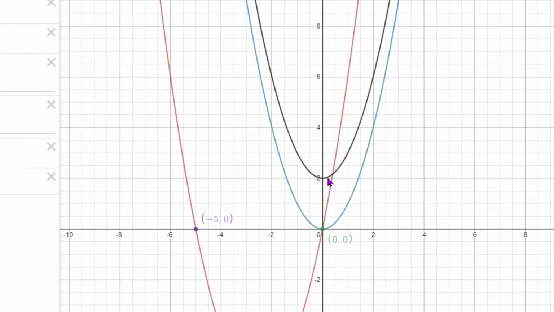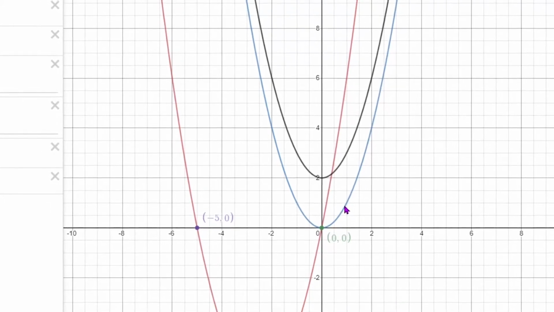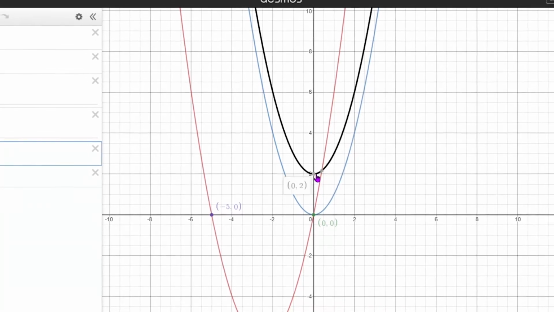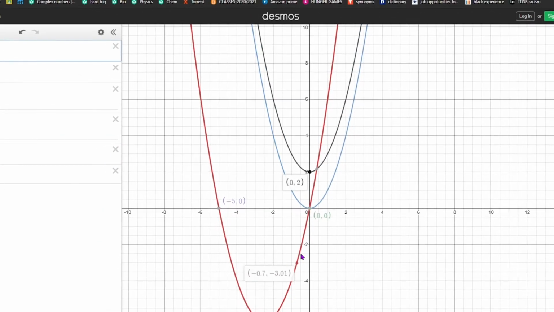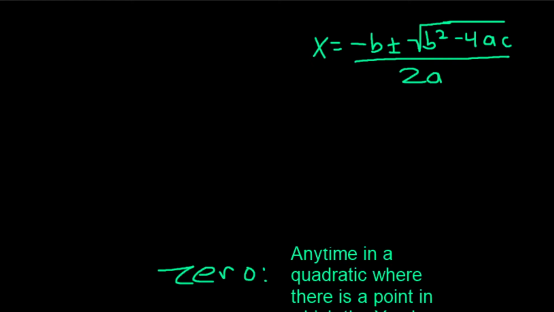And there's another graph, x squared plus 2. It's just the normal blue graph shifted 2 units up, and there are no zeros on the black graph. So you could have 2 zeros as in the red graph, 1 zero as in the blue graph, and 0 zeros as in the black graph.